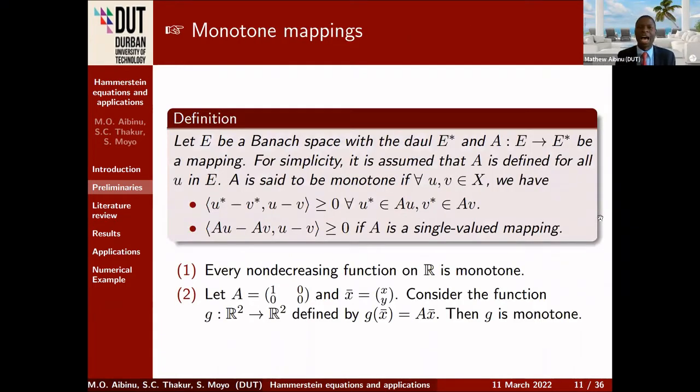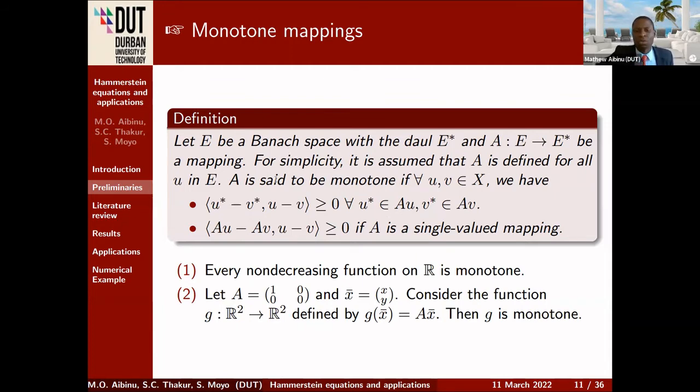Monotone mapping. As has been said, we will be considering nonlinear integral equations of Hammerstein type with monotone mappings. Let's look at what a monotone mapping is. Let E be a Banach space with dual E star, and A be a mapping from E to E star.